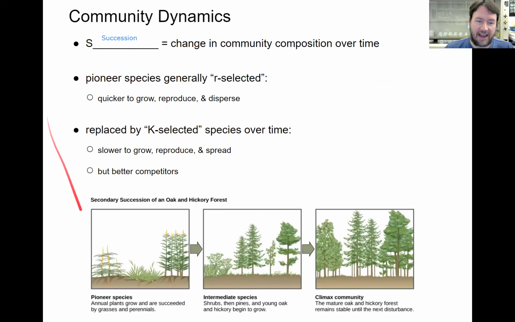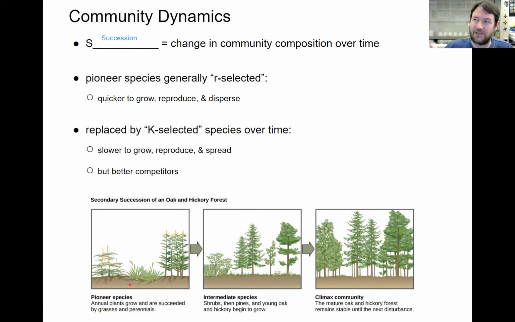So some examples of that in this oak and hickory forest. If you have a bare plot of land bordering an oak and hickory forest, the first species in there are usually probably annual plants, like herbs that are kind of weedy, right? They just show up and all of a sudden there's a lot of them and then the next year they're gone, right? So those are the pioneers.